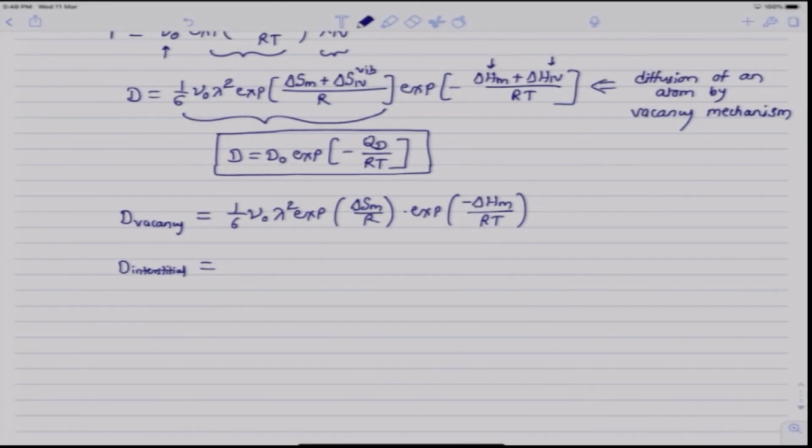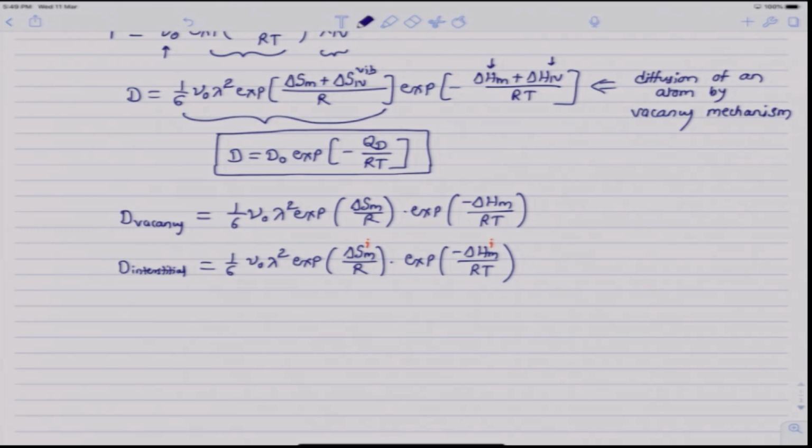So, we can write a similar expression as vacancy for interstitial diffusion too, which would be 1/6 nu 0 lambda square exponential delta S m by R times exponential minus delta H m by RT, and to denote interstitial we will put superscript I over delta S m and delta H m.